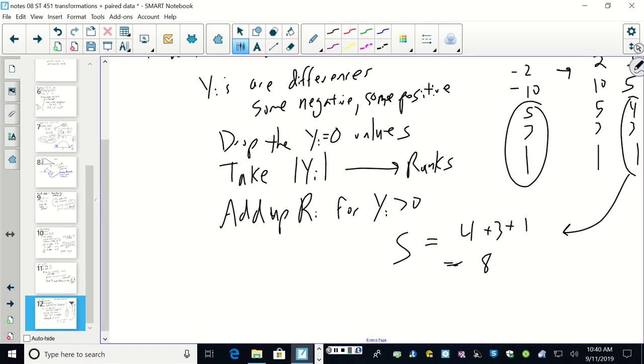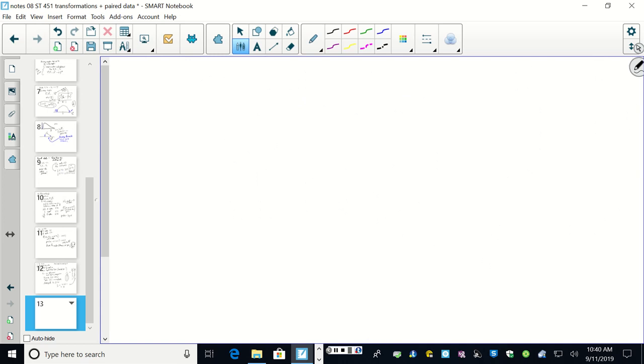If it's the other way and the yi scores are generally low, and they make everything positive, all the big ranks on the absolute scale would correspond to negative numbers, and just a few small values would correspond to the positive ones. So you can imagine these pictures.